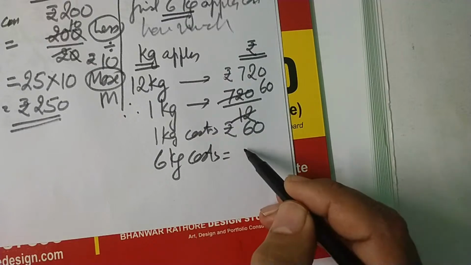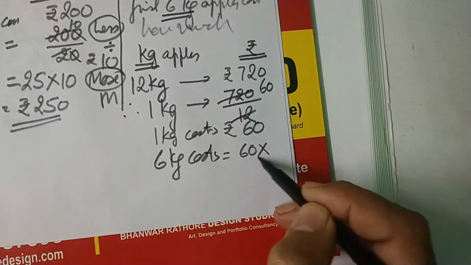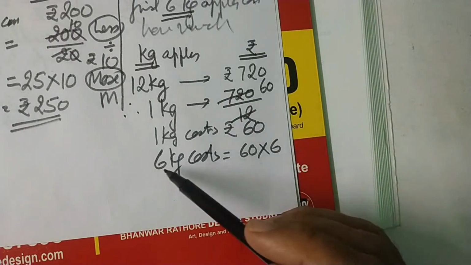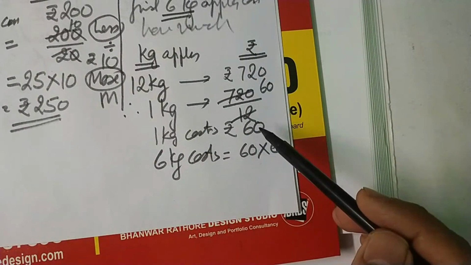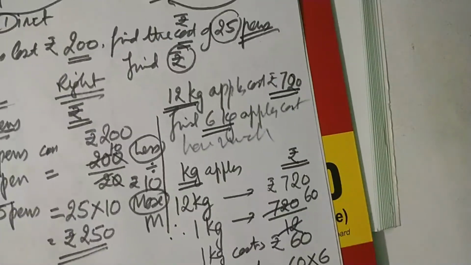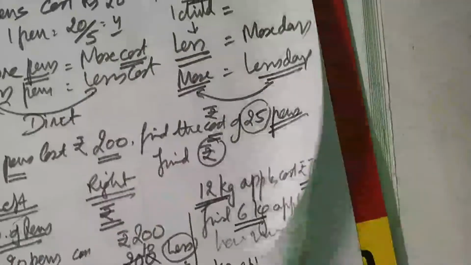More. So it will be 60 into 6. The right side number is multiplied by the left side number. Therefore we have to keep the left side and right side concept clear in mind. On the right side we will write the quantity which we have to find. Okay, let's see the same question of the apple question.